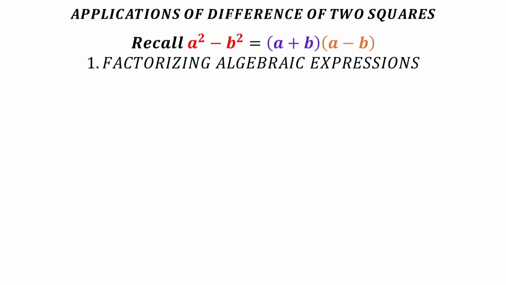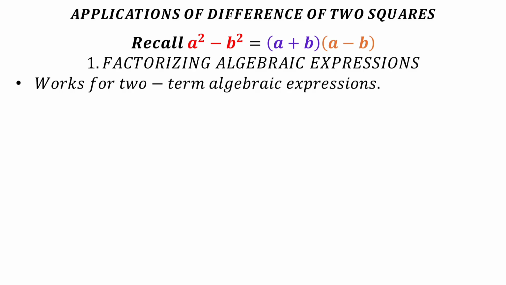Now there are a couple of things you're supposed to know when you are using the principle of difference of two squares to factorize algebraic expressions. The first one is that this method works for only two-term algebraic expressions. So in other words, you can only apply difference of two squares to factorize algebraic expressions if they only contain two terms.